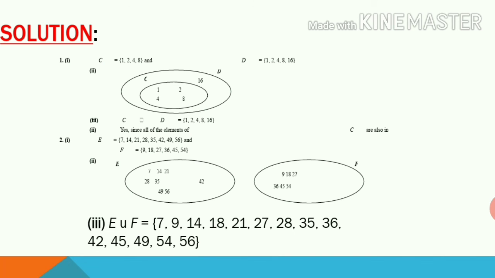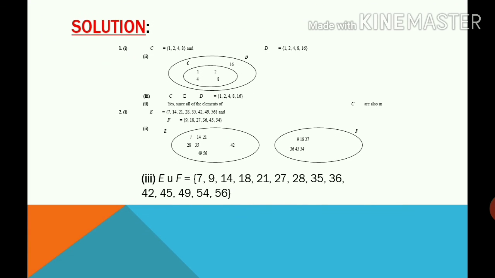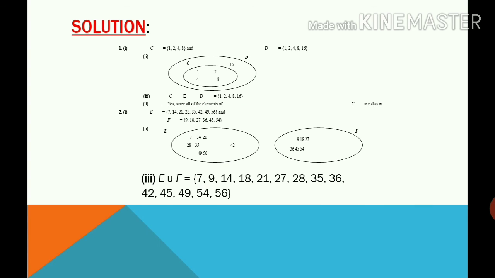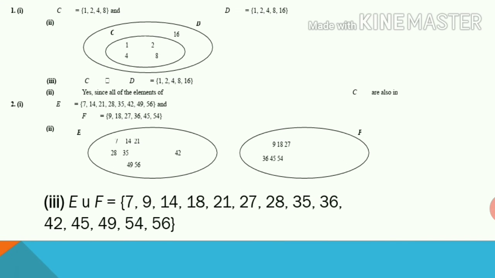Let's come to the third part of this question, which is: from the Venn diagram find E union F. Union means combined together. So it means that you write down all the elements of set E and set F together. But remember that you will not repeat any common element. And here in this case there is not a single element which is common.